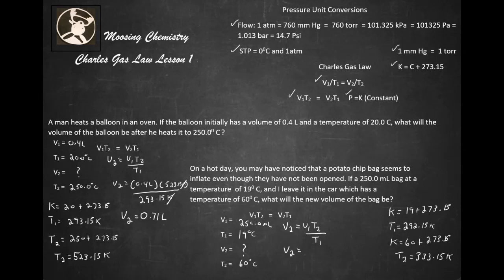So V2 equals 250 milliliters, and we can leave it in milliliters, times our second temperature, 333.15 K, divided by our T1 temperature, which was 292.15 K. The K's cancel out, and so our V2 is, let's use the calculator here, 250 times 333.15 divided by 292.15, and that gives me 285.08 milliliters.